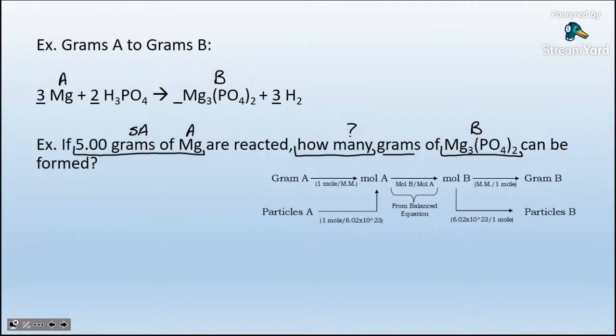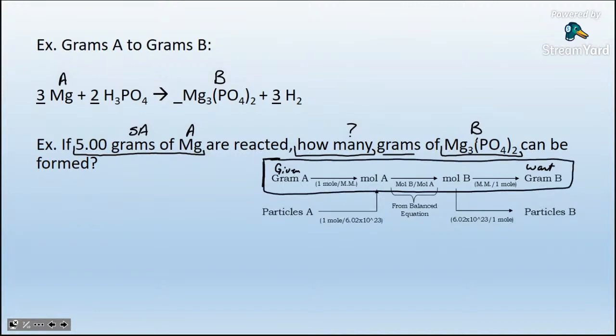Okay? If you're balancing equations algebraically, like I show in one of my previous videos, after you're done balancing, go back and erase the letters above each substance so that you're set up now for the stoichiometry and you can move A and B around. Okay? But in this, I am given grams of A and I want grams of B. So the portion of the roadmap I'm using is just this up here.